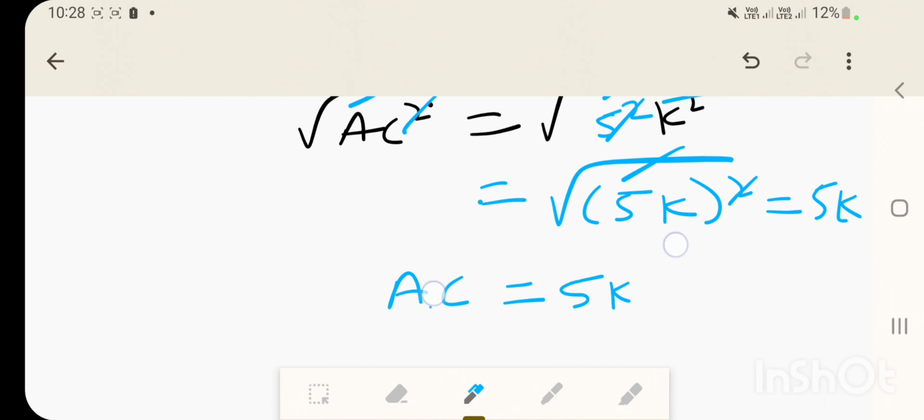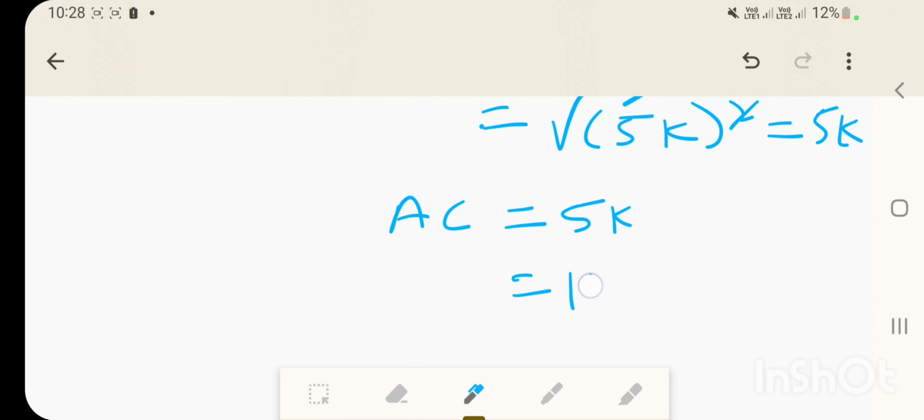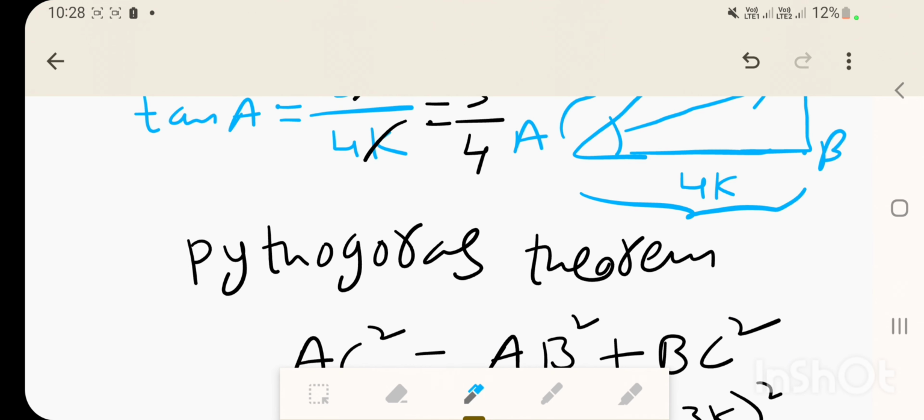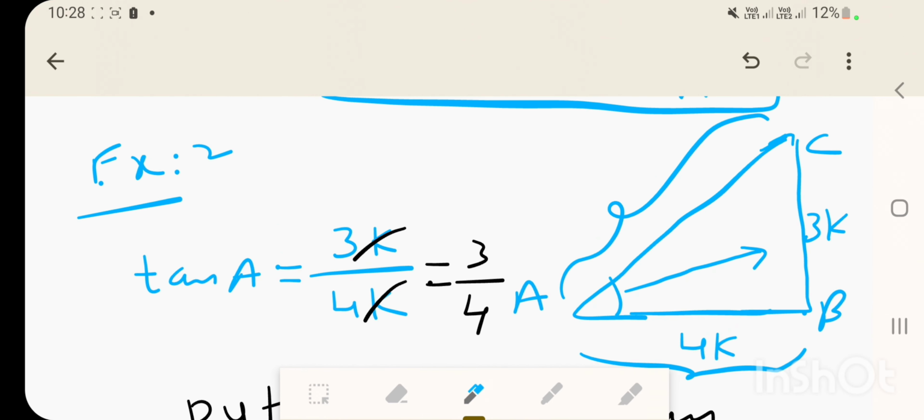This is the length of the hypotenuse, which we have written as HYP. The spelling is HYPOTENUSE, hypotenuse. That is the length of the hypotenuse AC we got using the Pythagoras theorem, which is going to be 5K.